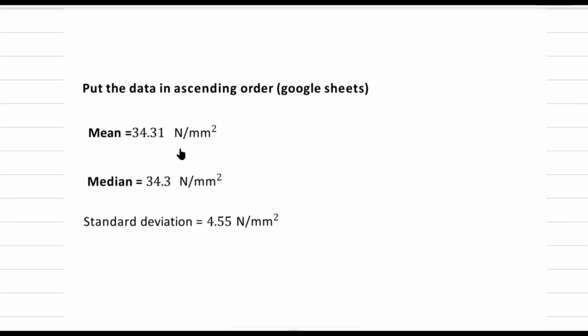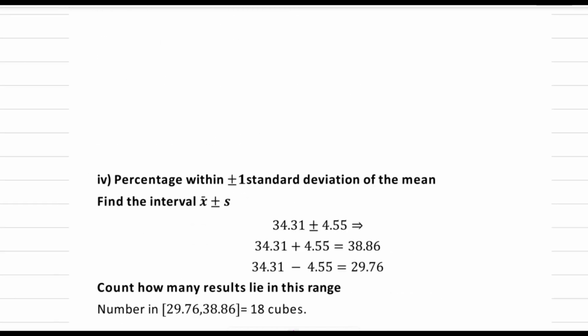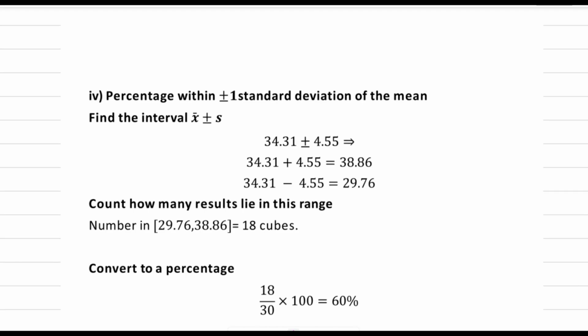So from Google Sheets or from Microsoft Excel, you can get the mean, median, and standard deviation here, and I'm going to upload this data for you guys, named as example 2, and also the percentage within plus or minus 1 standard deviation of the mean. It's quite a straightforward process.